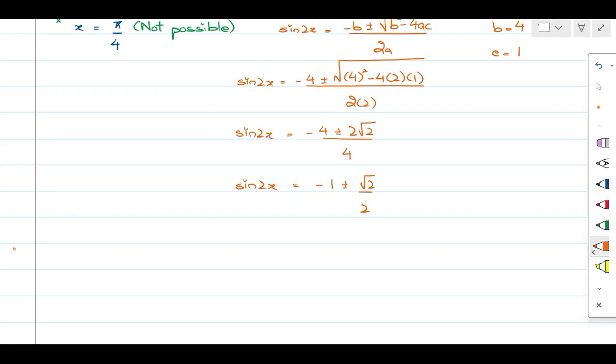What I did here: 4 by 4 is 1, 2 by 4 is 1 by 2. This is your solution. Now we have two cases. The first case is sine 2x equals minus 1 plus root 2 by 2, and the other case is sine 2x equals minus 1 minus root 2 by 2.